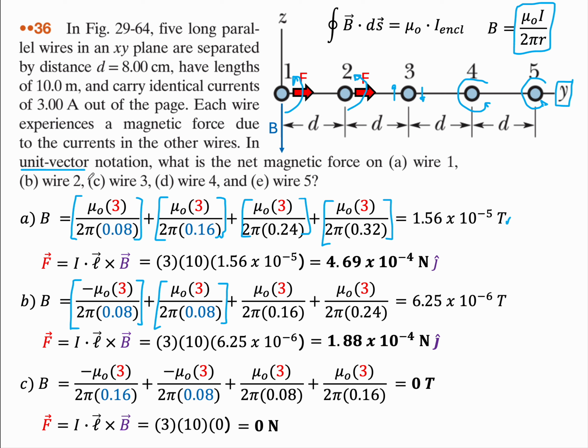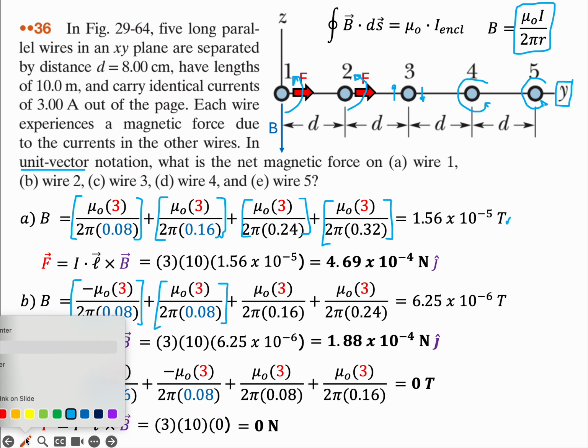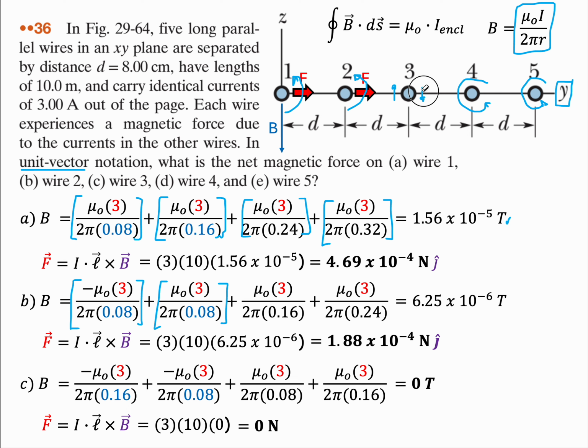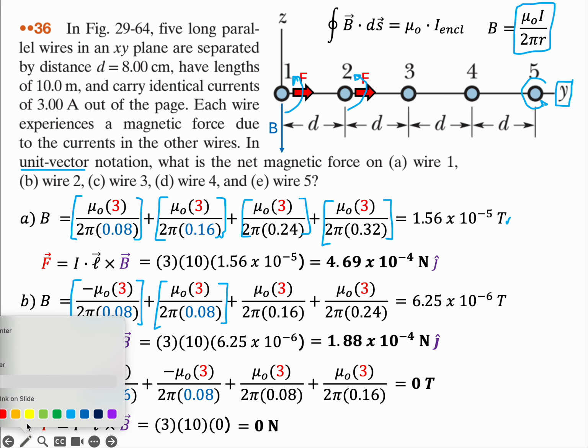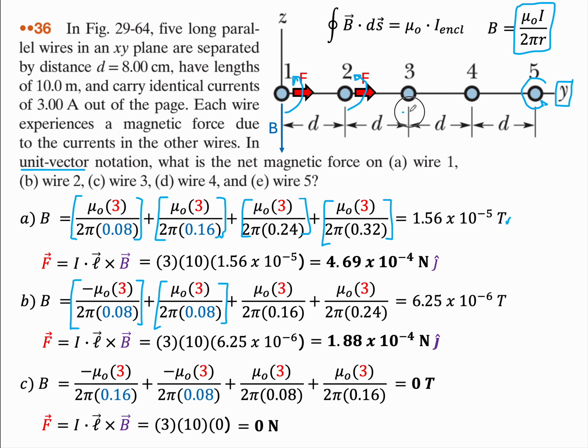Then finally, what about wires 4 and 5? You're like, oh my goodness, this is a long problem. It is in some ways, but you might notice that for wire 4, it's almost exactly the same situation as we had for wire 2. In other words, the magnetic fields from wires 3 and 5 are going to cancel out, leaving just the magnetic field due to these 2.